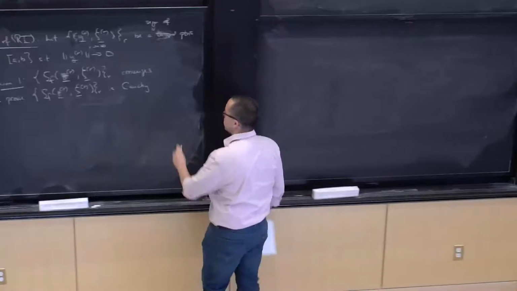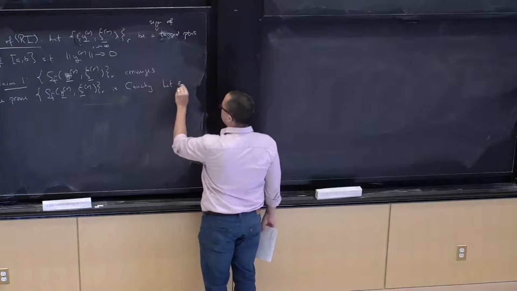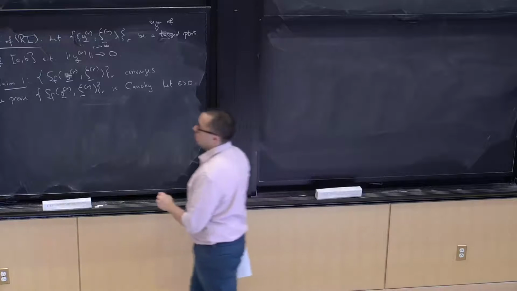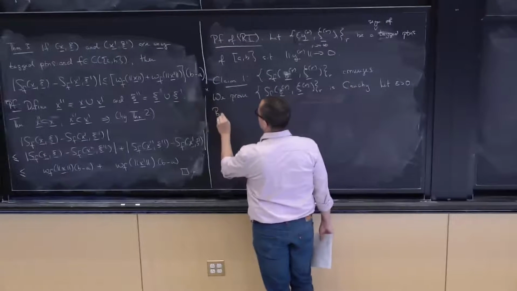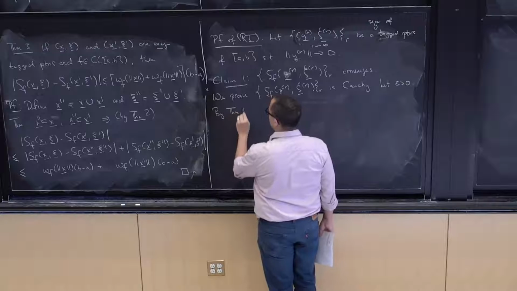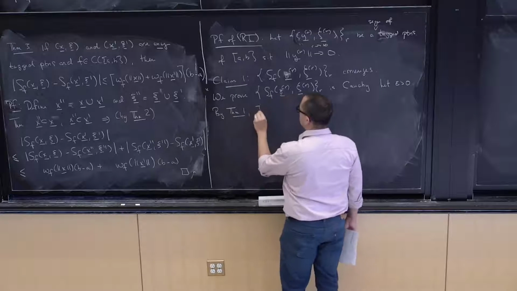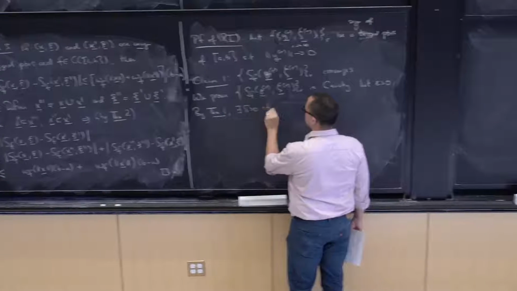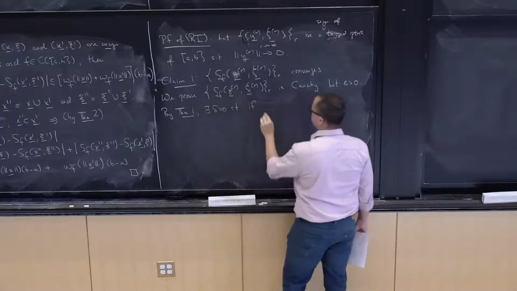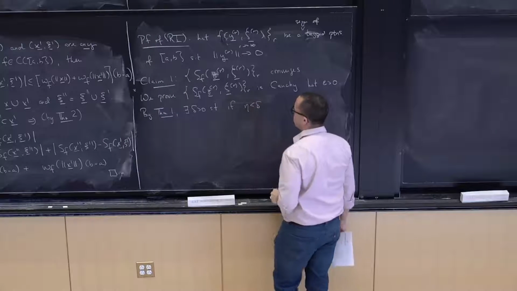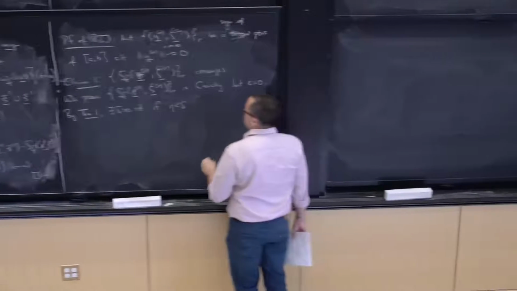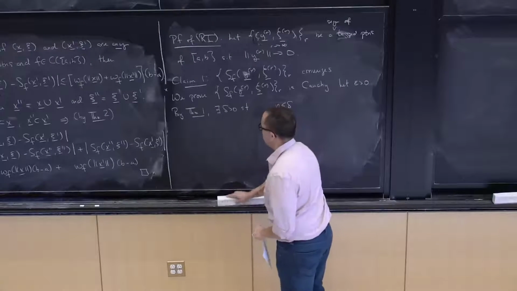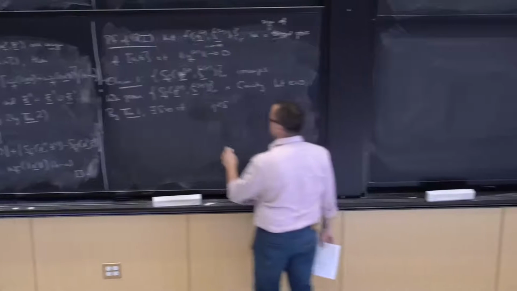So let epsilon be positive. So by theorem 1, there exists a delta positive such that, so we know that the modulus of continuity for f converges to 0 as eta goes to 0.